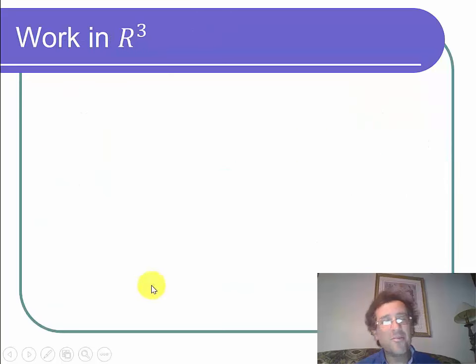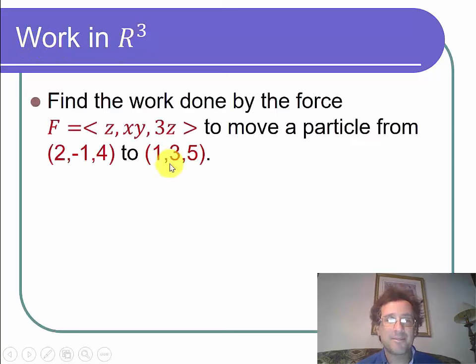So now let's do one more example of work, but let's do work in 3 dimensions. So the question states, find the work done by the force F equals the vector field z, comma, xy, comma, 3z to move a particle from the point 2, negative 1, 4 to the point 1, 3, 5.